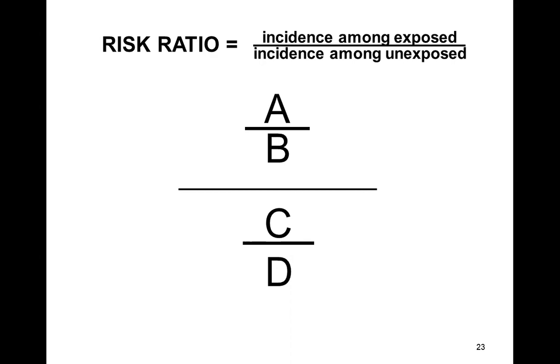A mean is a point estimate, and a risk ratio can be a point estimate. It's just the measure you're using at a given time. I continue to use that term throughout my lectures, so I want to make sure you understand it, because not everybody is familiar with it.